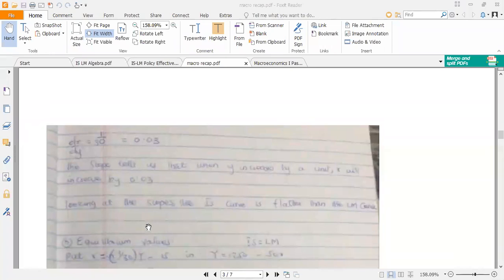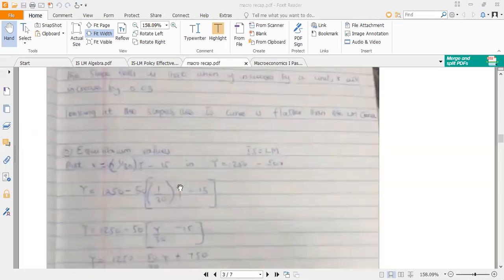So we can say that the IS curve is flatter than the LM curve because that one has the lowest value for the slope. So you take note of this. Almost every time they bring a computational question on ISLM, you have to do this. So we have to know this one too.